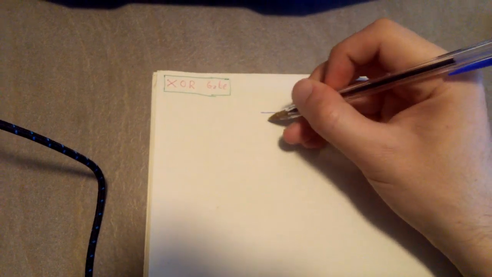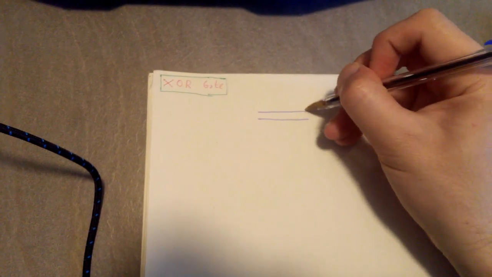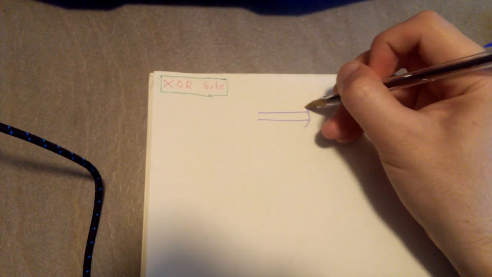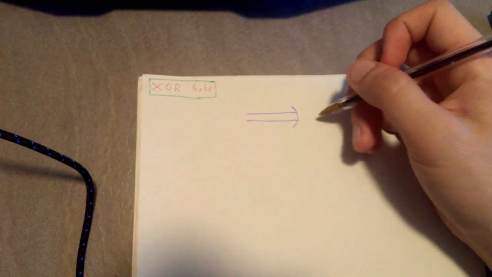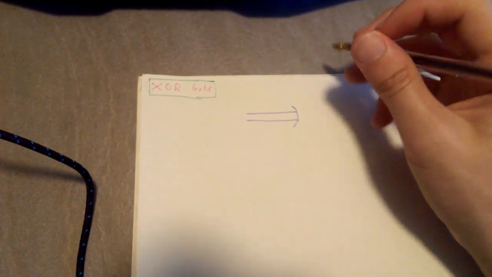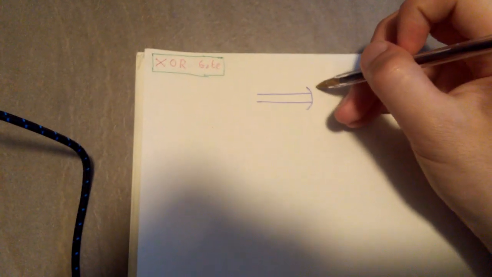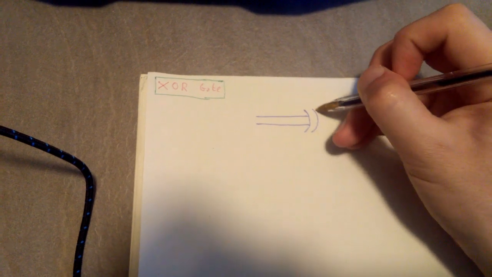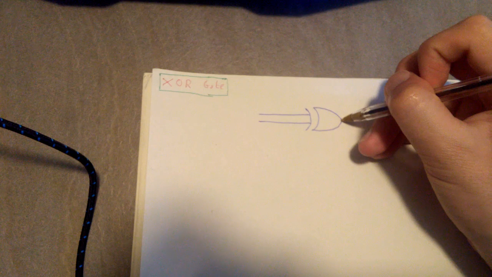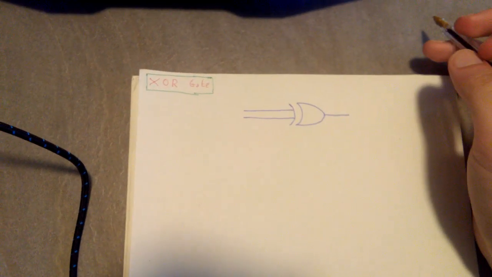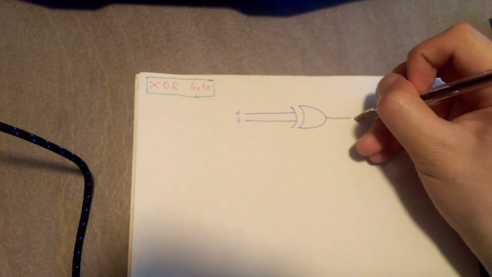It looks like an OR gate, but it has this one here, the curve, which is not connected to the OR gate, which was this one here, because the OR gate itself is not connected to it. There we go. So this is the XOR gate, with A, B, and C.